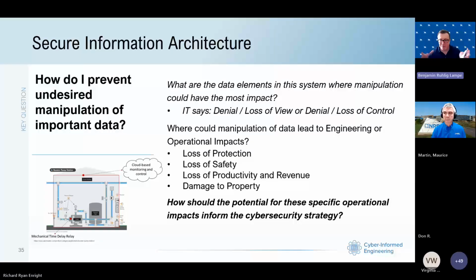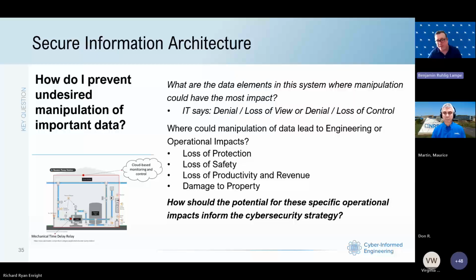What are the expected values, the set points, those types of things. And amongst that diversity of data, it's the engineer that understands which specific data might have the greatest impact, the greatest relationship to, hey, if I affected this set point as opposed to those set points, there's a much clearer relationship to a worst case scenario in that context. So it's the engineer that can provide that clarity to a cyber staff who's managing the monitoring solution so that they can target their protections, their monitoring, their layers to say, given this set point, I want all of it.